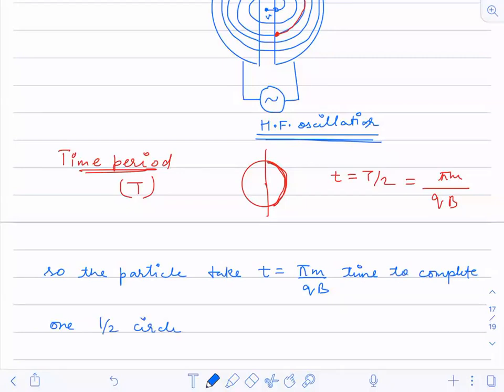Now, if you see this time over here, is it depending upon velocity? No, it is not depending upon the velocity. Is it depending upon the radius? No, it is not depending upon the radius. So is this value changing or constant? It is a constant value for a given magnetic field.